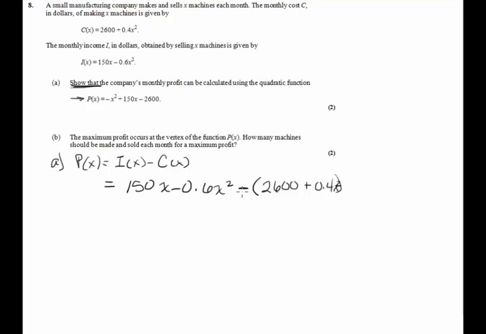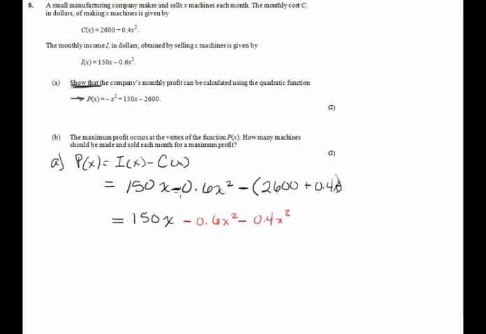150x minus nothing, so I have 150x minus 0.6x squared minus positive 0.4, so that minus positive, you can think that makes that positive or negative if you want to think about it. Let me actually write in this step, minus 0.6x squared minus 0.4x squared.